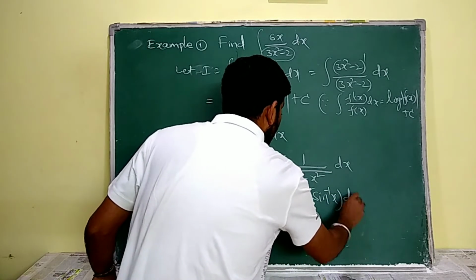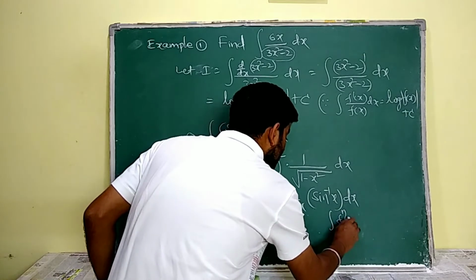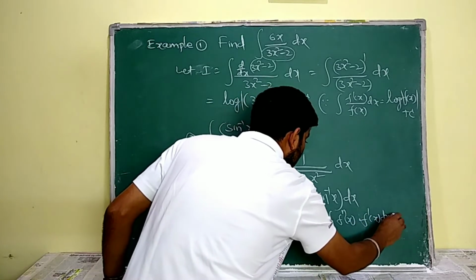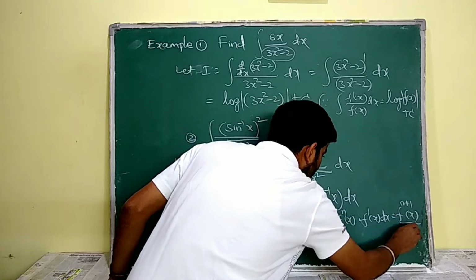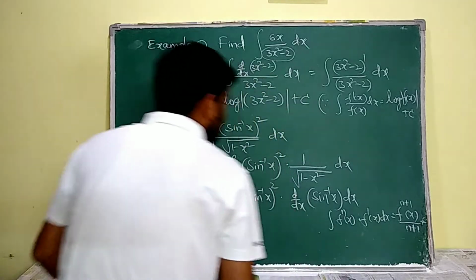As we discussed, integral f power n of x into f dash x dx can be expressed as f power n plus 1 of x by n plus 1 plus c. Understand ma?